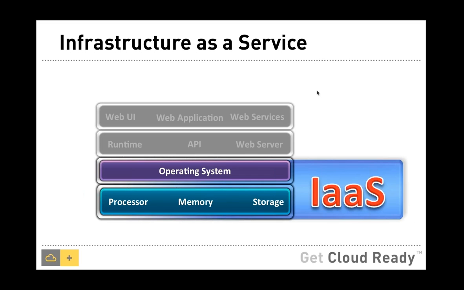So this primarily deals with the hardware and an operating system and some processor architecture, memory configuration, the storage capacity, and so on. So when you're actually dealing with a service provider who offers you virtual machines with pre-configured operating system, you are essentially dealing with what is called infrastructure as a service.